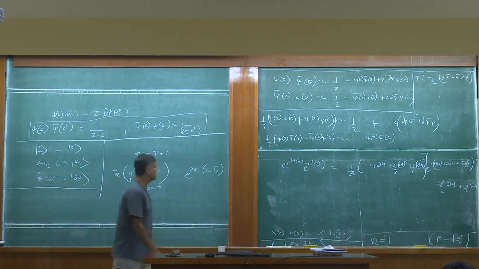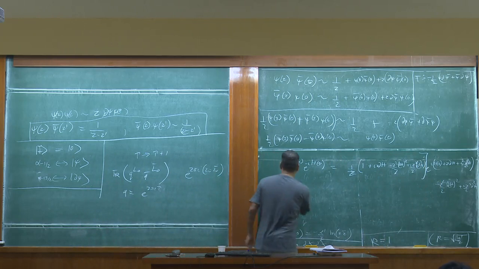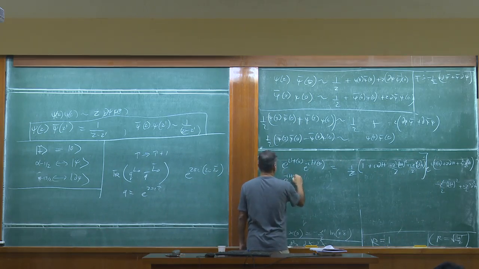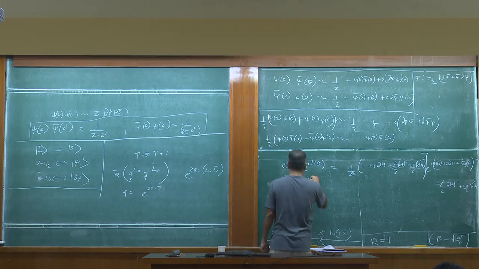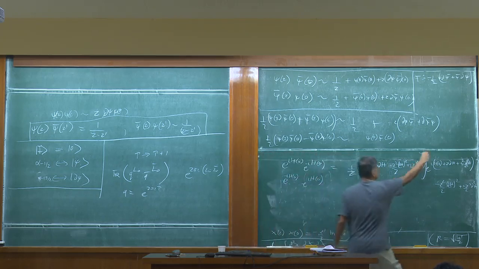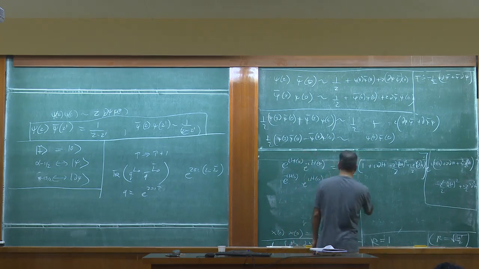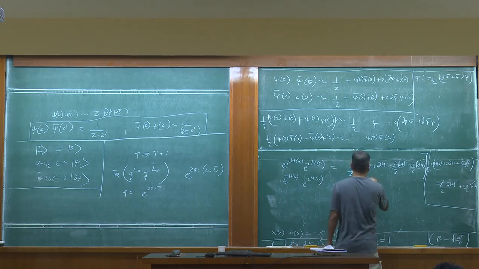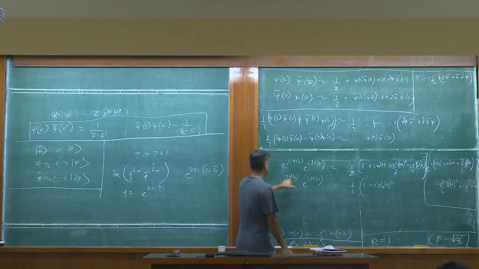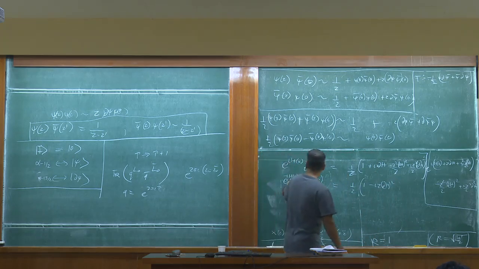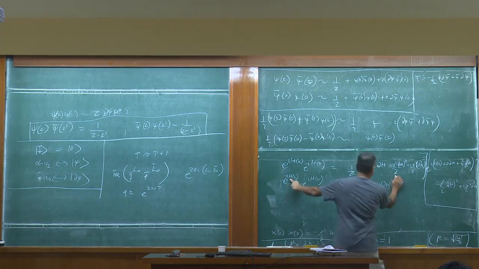Okay, so this was this guy, and then there was e to the power -iH of 0, e to the power iH of 0. Okay, so this is of course 1 by z into (1 minus i z ∂h) the whole thing squared. And then when we expand to second order, there is, sorry, ∂h, thank you.